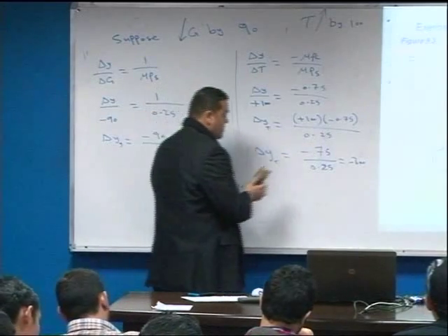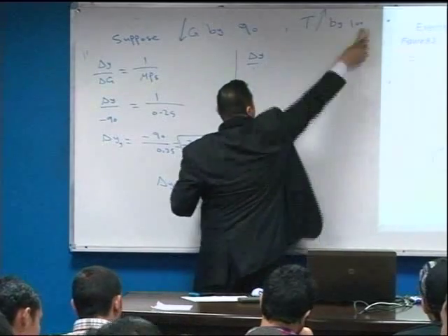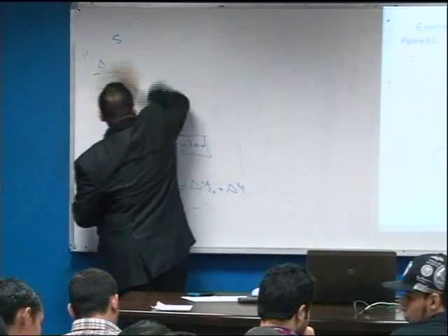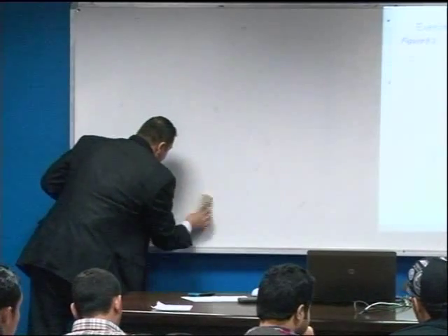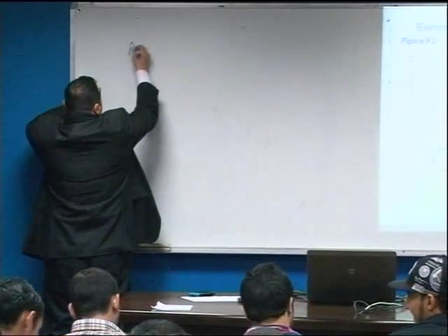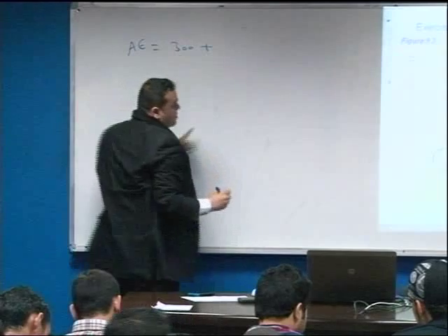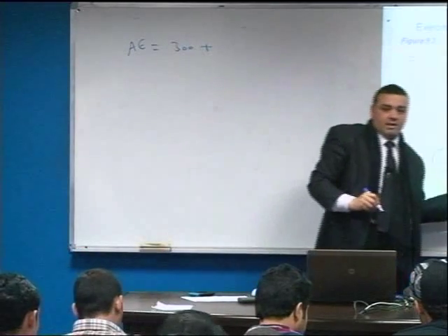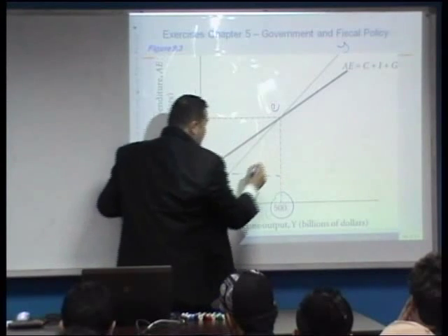So let's derive the aggregate expenditure function, and then let's answer the questions that follow. The aggregate expenditure function equals 300 plus the MPC times YD. MPC is equal to how much?